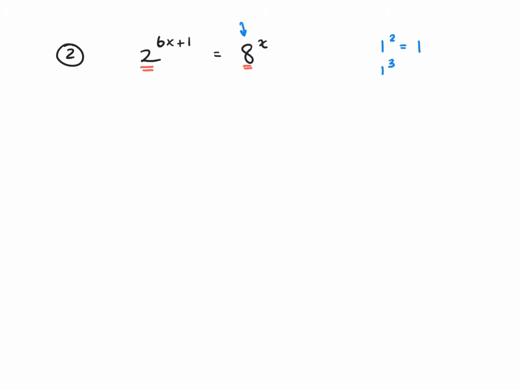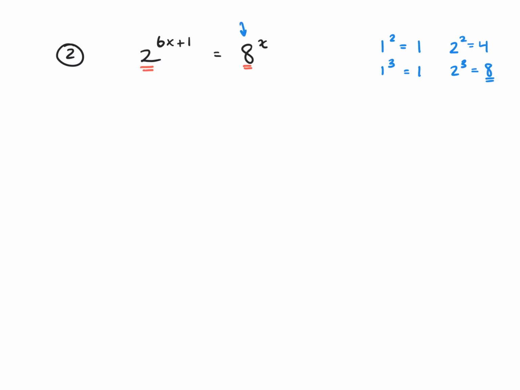But what if I did 1 to the third? Well, you just get 1. So let's go to a different number. Well, if you have 2 squared, 2 squared is 4, right? But if you did 2 to the third power, well, what does 2 to the third power make? 2 to the third power makes 8. So basically what I'm getting at is that the base itself is an exponential value.